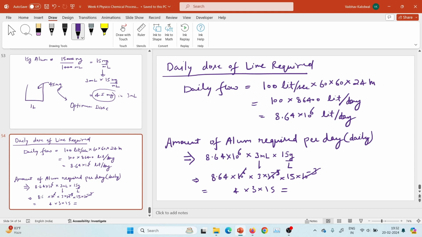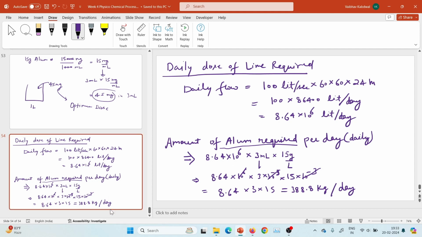It will come as 388.8 kg per day. This is the amount of alum required per day.